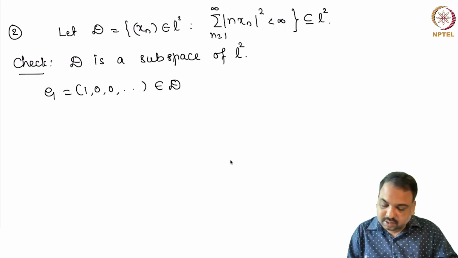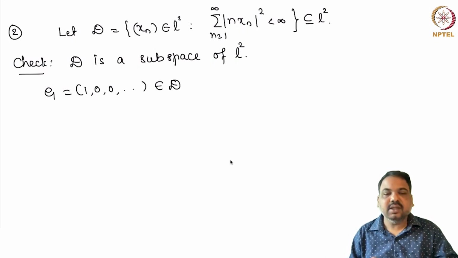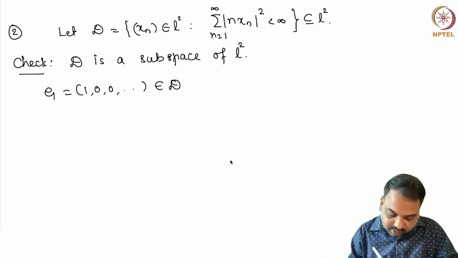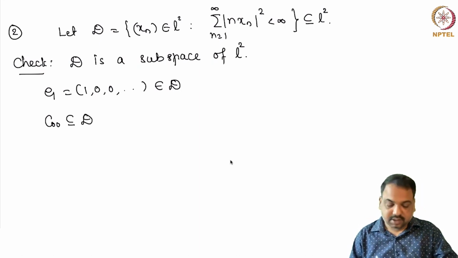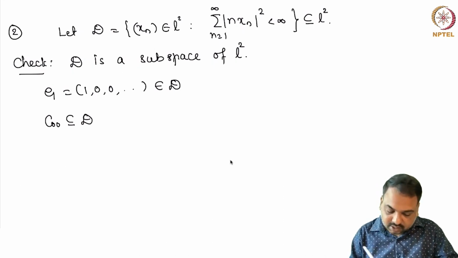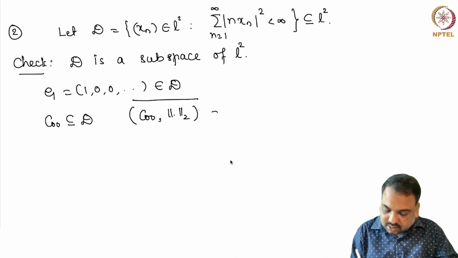Because if you look at the summation n equal to 1 to infinity of n times |x_n| squared, the first element is 1, so |x_n| is 1 anyway, and we can conclude that this is finite. In fact, we can show that any e_n is in D. We can also show that similarly C00 is in D. We know the space C00, and we know that C00 is dense in L2 with respect to the L2 norm.